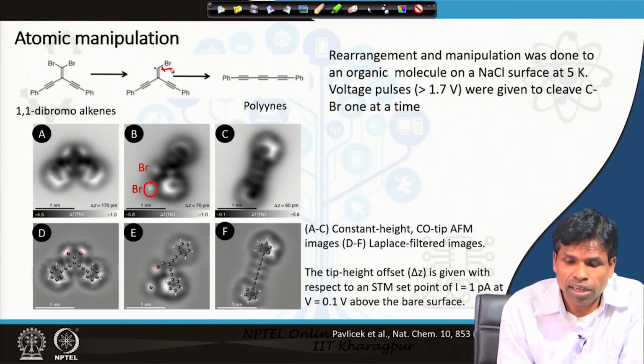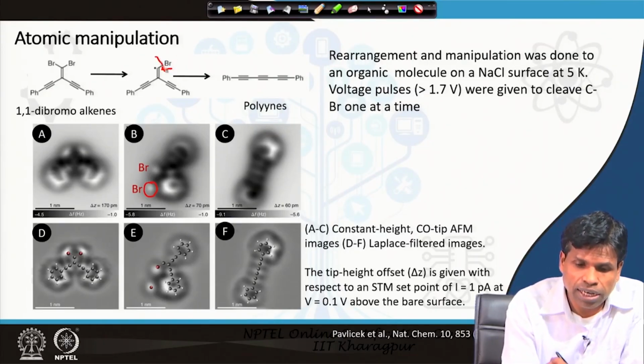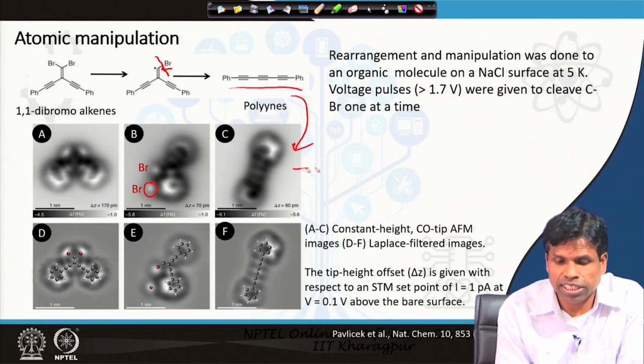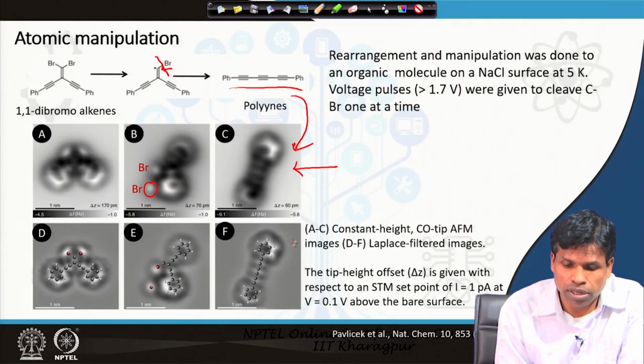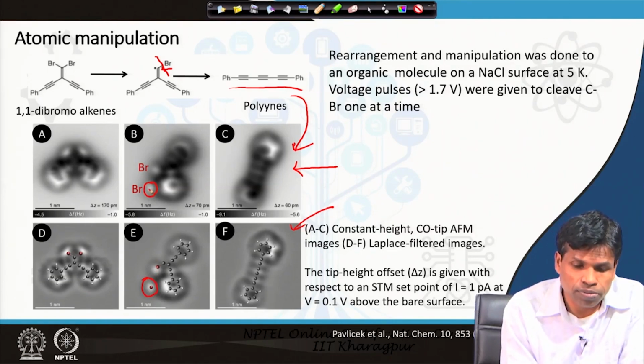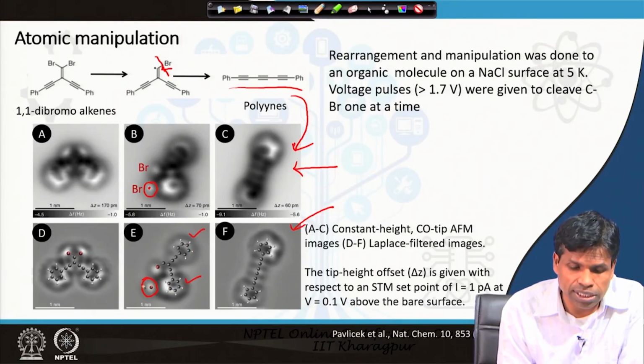And then further, another carbon-bromine bond is cleaved, and now you see the polyene molecule here. These are just the raw images, and by filtering this image one can get much more detail. Here, the bromine atom which was first cleaved is now away, and because of the influence of this bromine atom, this is giving a little brighter contrast compared to this phenyl ring. The brighter contrast is due to this particular bromine atom.